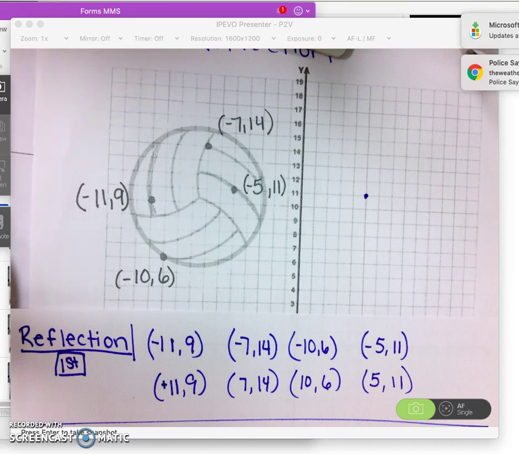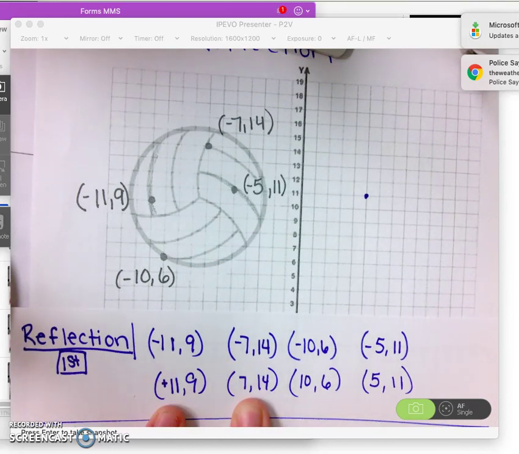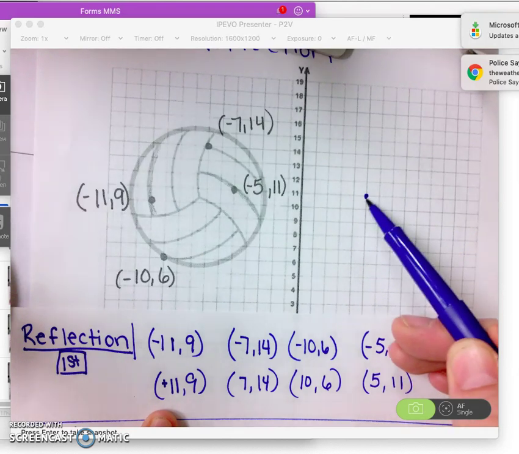Okay, so I did that quickly, just changing all the x's to the opposites. And then I could go and just plot those points. So I already have the 5, 11.